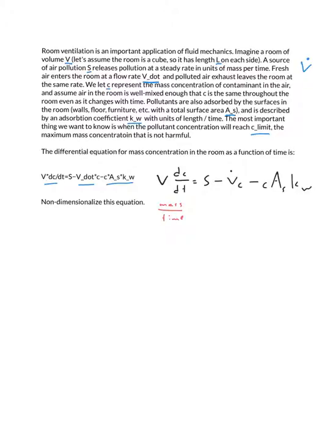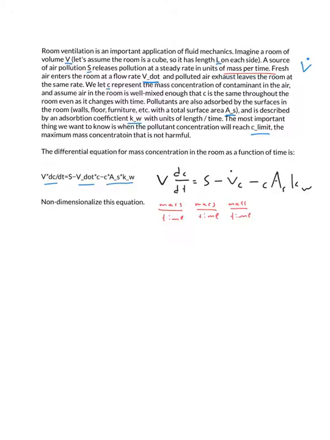So this is the mass of the pollutant in the room changing per time. And so S is also mass per time from the problem statement. V dot times C, that'll be mass per time.